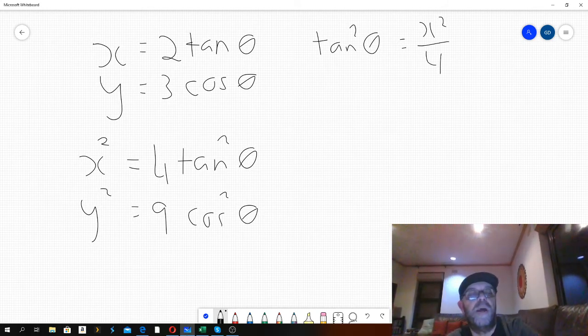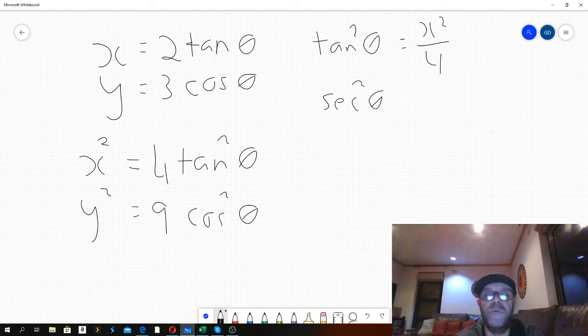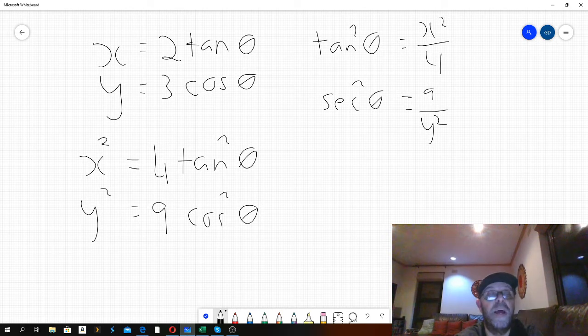But I could also write that sec squared, which is the 1 over the cos squared. Because cos squared would be y squared over 9, therefore sec squared would be just 9 over y squared. Does that make sense? It's just the inverse. If I divided the 9 first and got y squared over 9 for my cos squared, I'm just inverting that to get the sec squared.